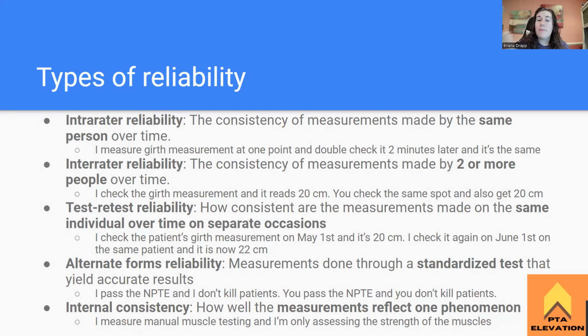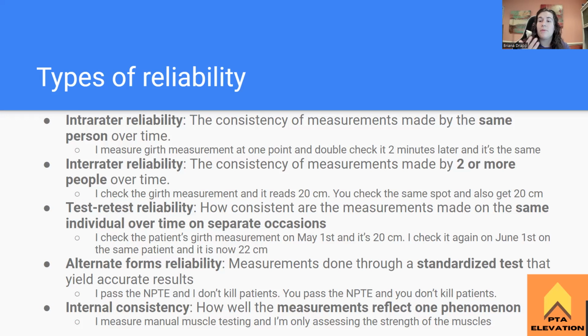An example: I take a girth measurement on my lymphedema patient, or let's say somebody with a quad tendon repair. I measure girth at one point on their body, and 2 minutes later, I check it again. I should be getting the same measurement each time because not much time has changed, and I'm measuring in the same spot, the same way each time.